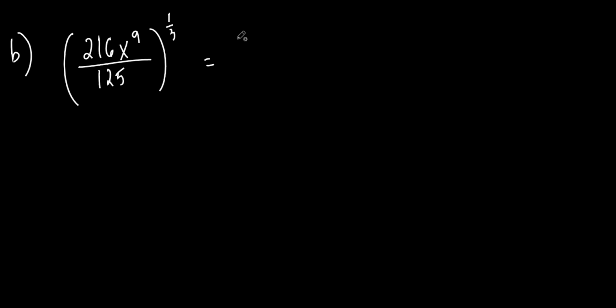They don't do that in the example, because I'm looking at how they do it. If it was me, I would probably do this. I would go 216 to the 1/3, then x to the 9th to the 1/3 over 125 to the 1/3.